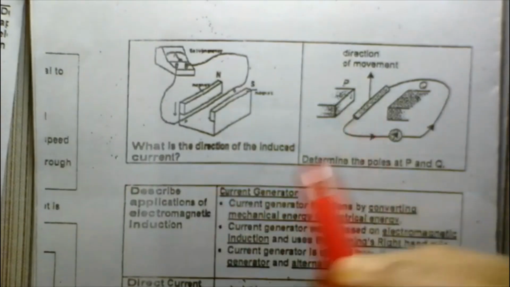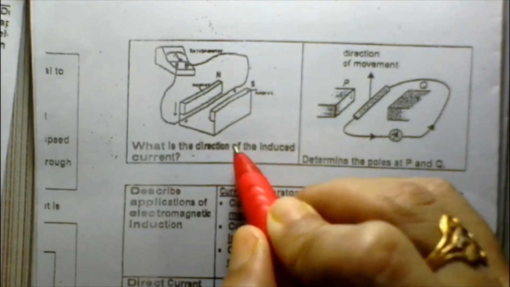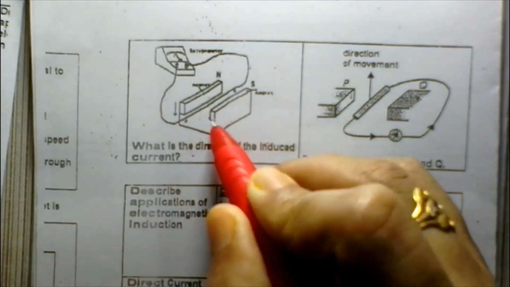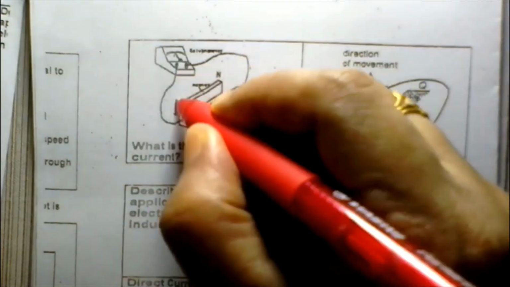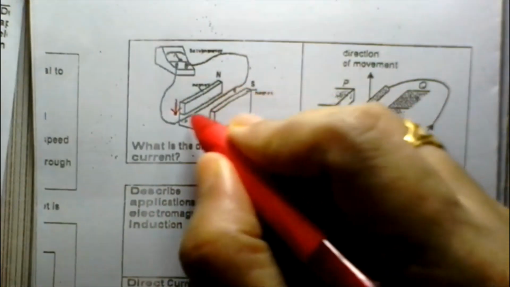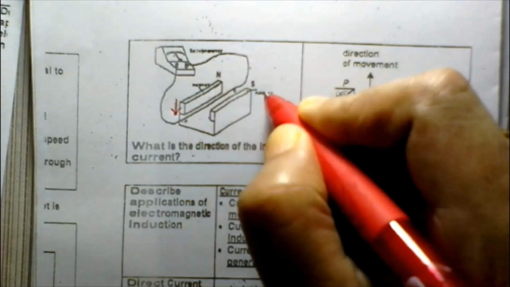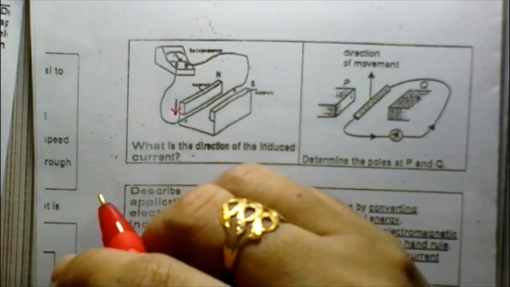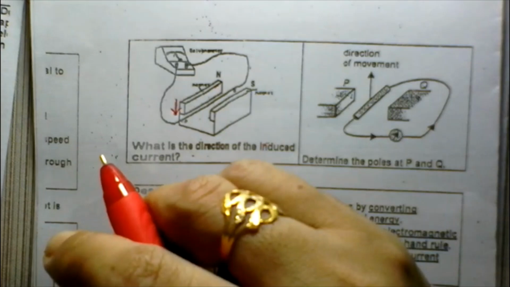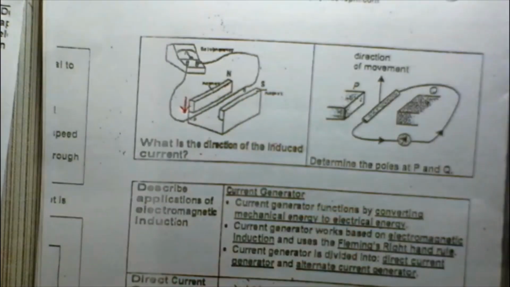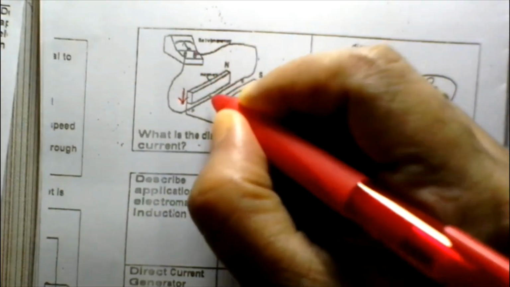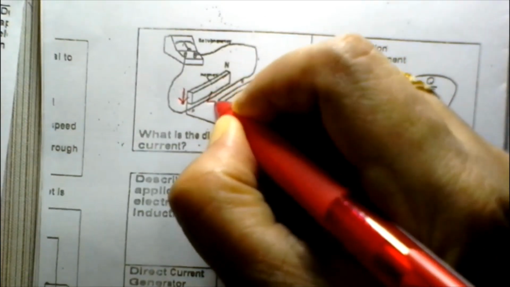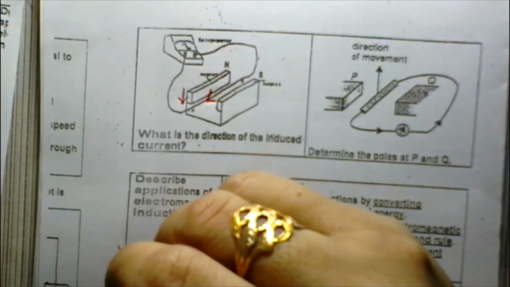Now let's look at this example. What is the direction of induced current? For this case, a straight wire moves down, direction downward. This is north, this is south. So you apply Fleming's right hand rule. So you will get the current flowing out from the paper.